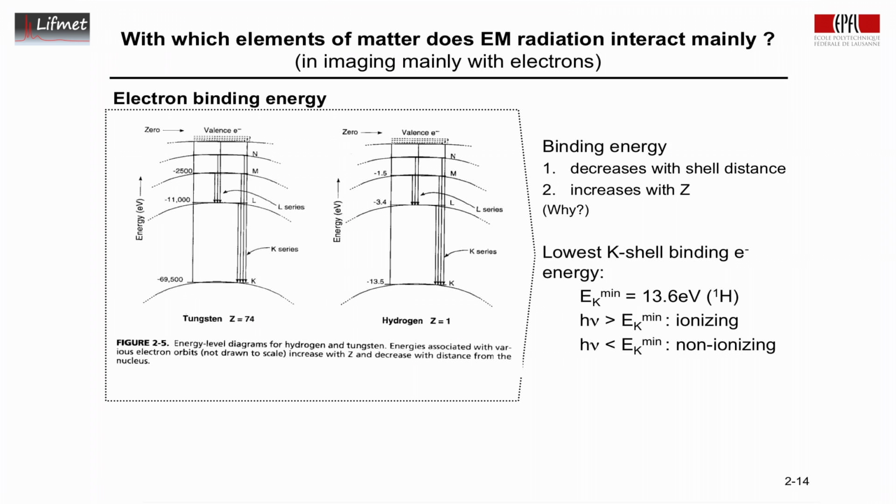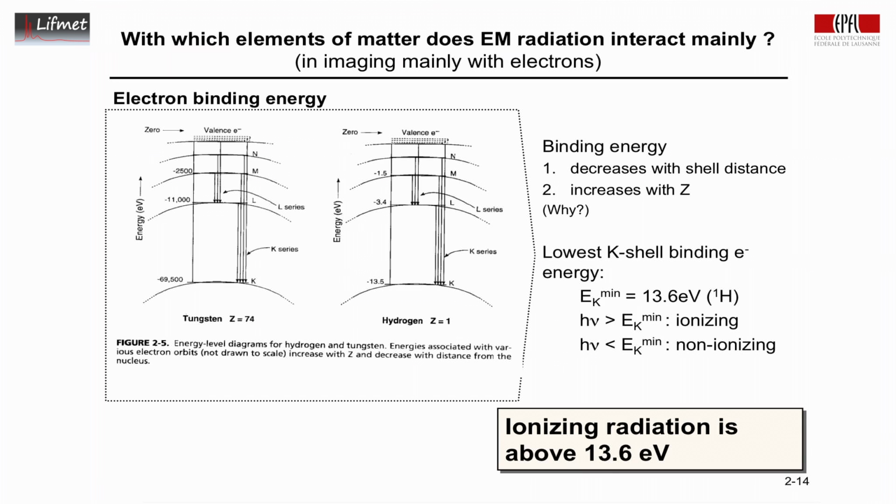Ionizing means that the photon has sufficient energy that it is able to bump the electron out of the K shell and therefore produce a charged atom, and therefore arises the term ionizing. So the take-home message here is that ionizing radiation is for photons whose energy is above 13.6 electron volts.